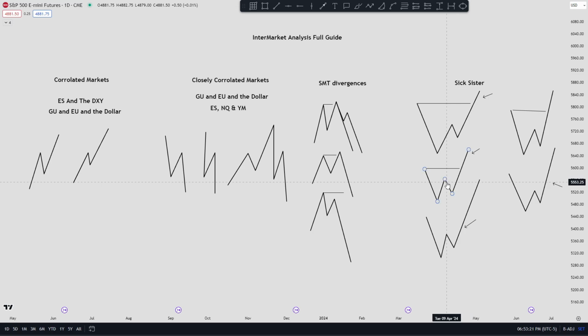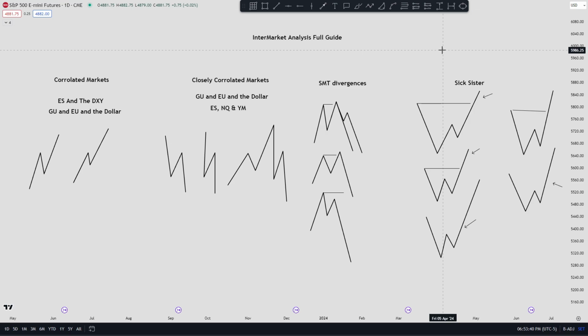And I'll show examples of all of this later on in the video, but these are the 4 things that you want to be focusing on when understanding intermarket analysis, and these are the 4 things that you want to look at every single day for your trades, even before market open, and create a bias based on these things.